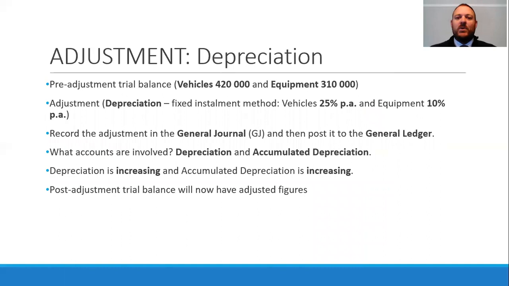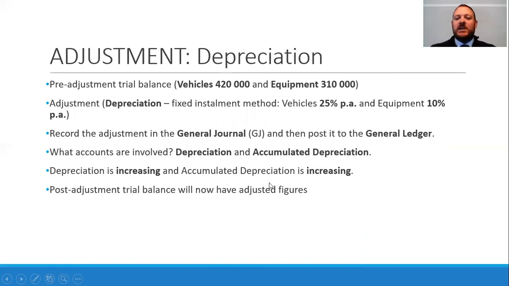So if we just look at pulling this adjustment on depreciation apart a little bit with the information they've given us, you will see vehicles and equipment amounts were given. They told us what the depreciation percentages were. We know that we need to record this in the general journal first, then the general ledger. We know the accounts involved are depreciation and accumulated depreciation. Okay, depreciation is increasing.